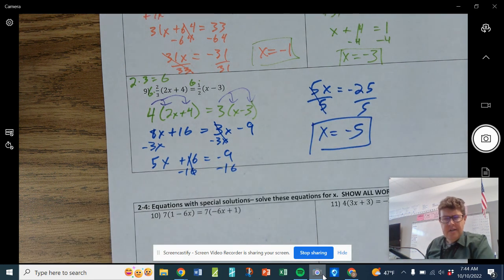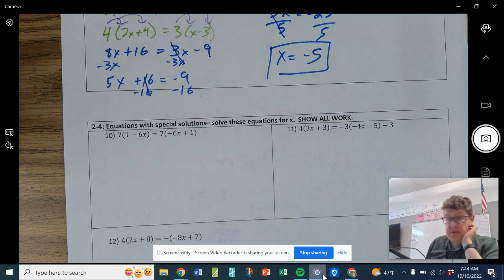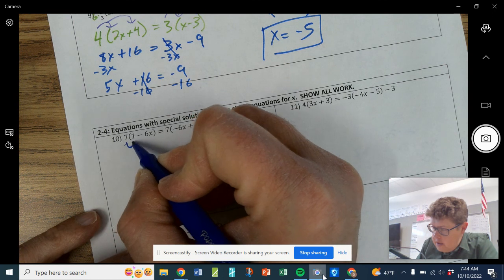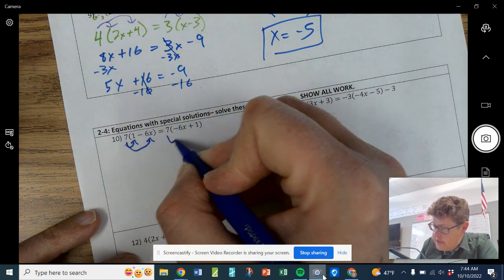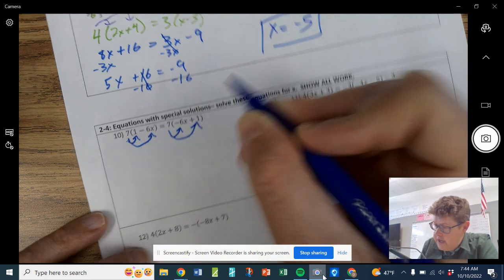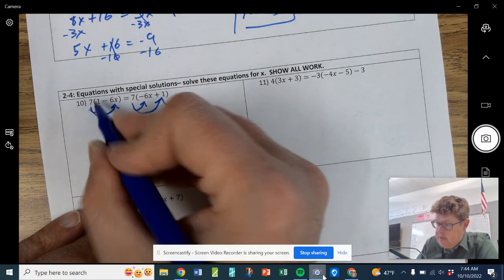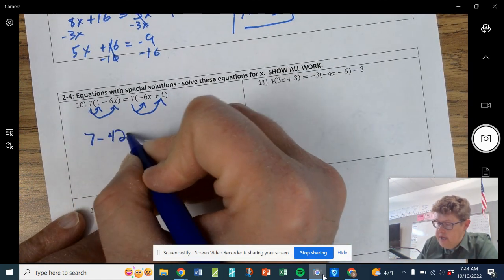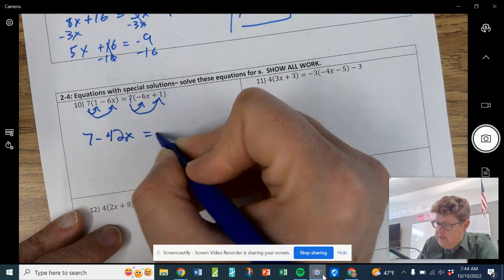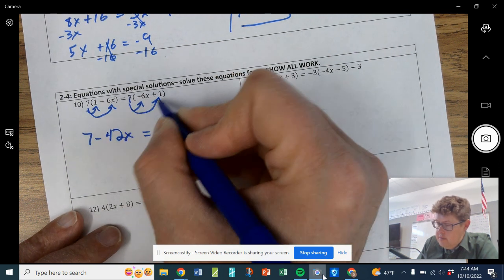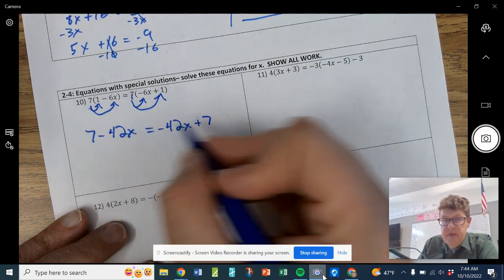Okay. And these are all special solutions, so it's going to be either no solution or infinite solutions. Here, I'm going to distribute, again, to get rid of these fractions. Distribute to get rid of the parentheses. So 7 times 1 is 7 minus 42x equals negative 42x plus 7, which is the same thing on both sides, right?